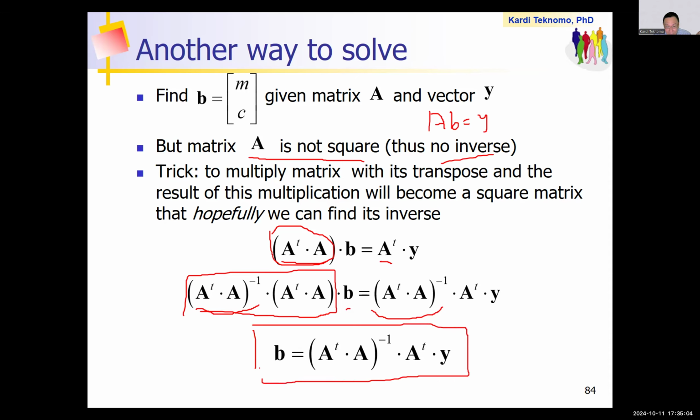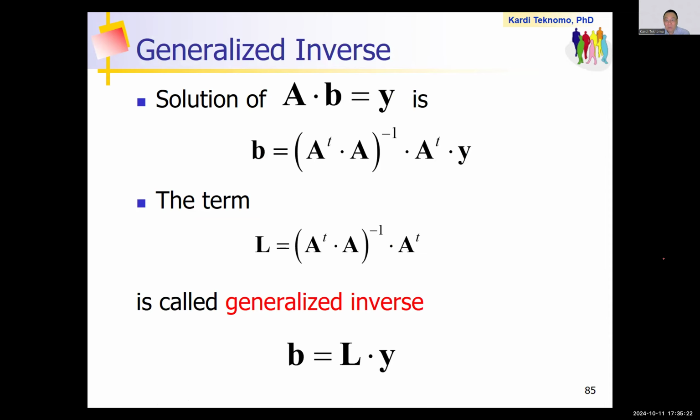This looks complicated, but it is actually not that complex. This form, we can simplify into one matrix called L, the left inverse. So the solution is B equal to this part. If you put L equal to this part, then B is equal to L times Y.